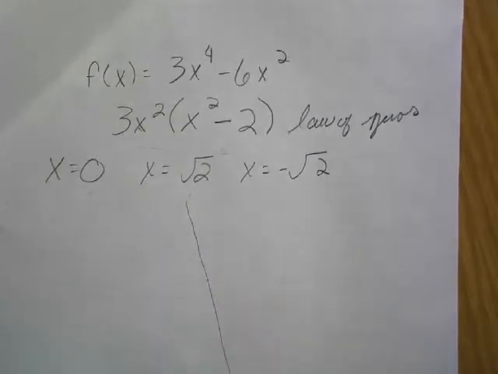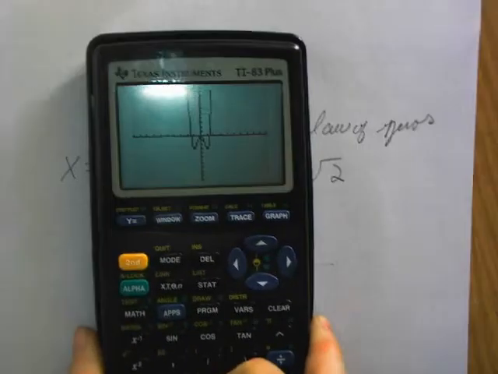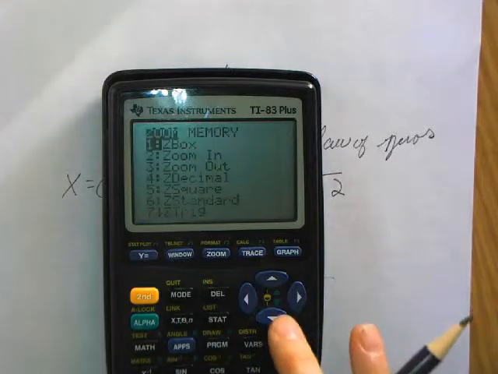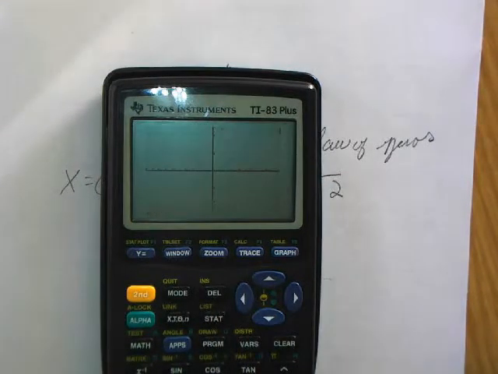And it's also asking where it increases and where it decreases. Alright? What's going to happen? Here, let me put it in the calculator first. You can see if you graph that function, let's see if I can zoom in a little bit, you can see where it increases and where it decreases, right?